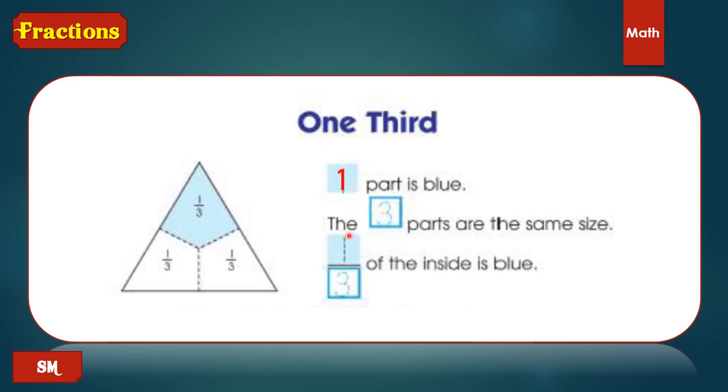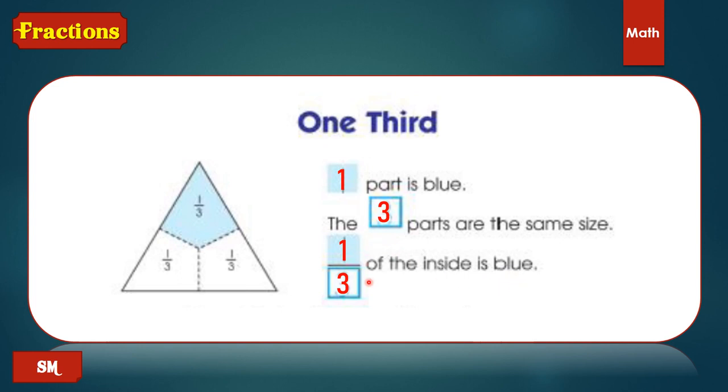Now, how many parts are the same size? 1, 2, 3. I have 3 parts. But when I want to talk about the whole shape, I will say that 1 from 3 parts of the inside is blue.